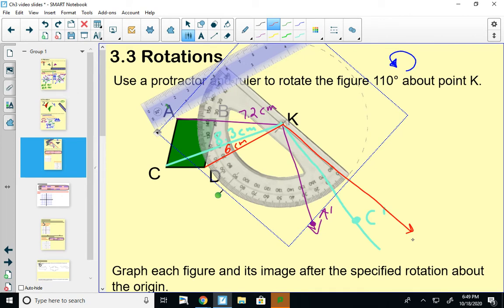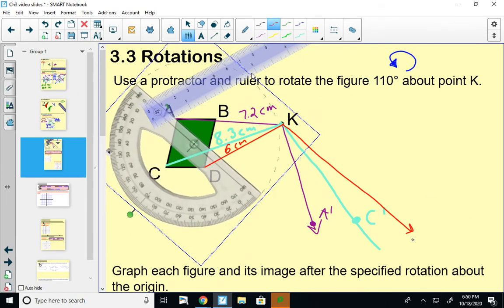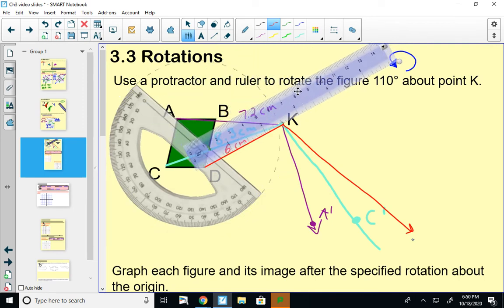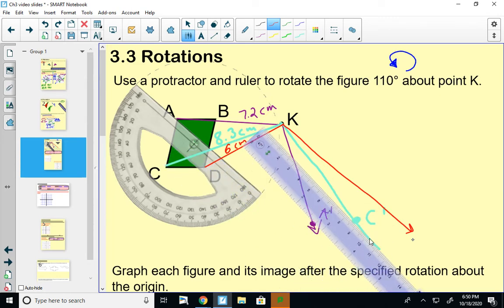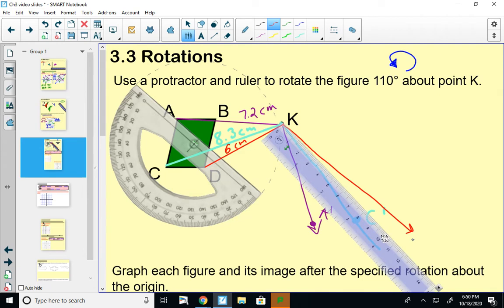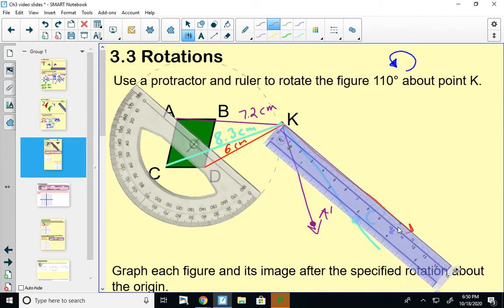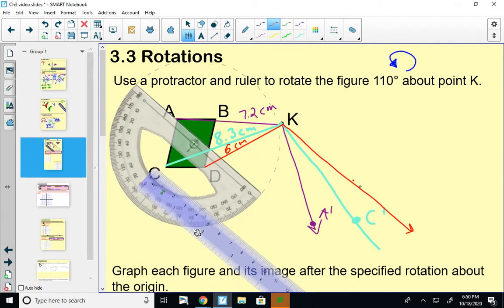So there's my angle. Use my ruler to measure out 6 centimeters. Looks like it's going to be about here. So this point is D prime.